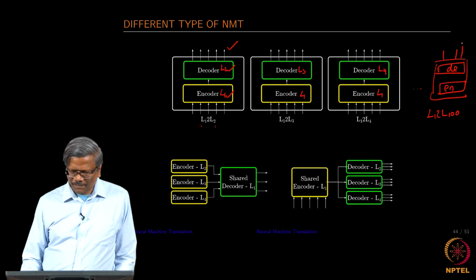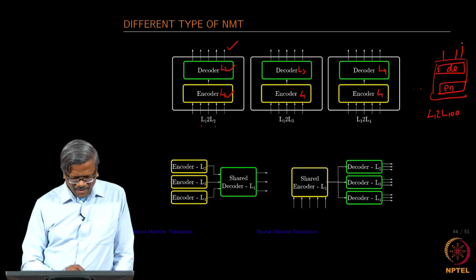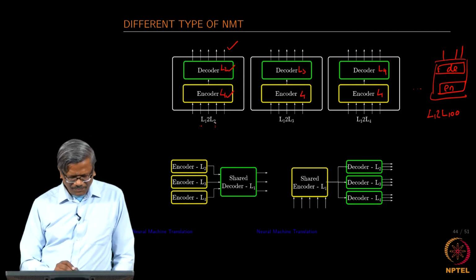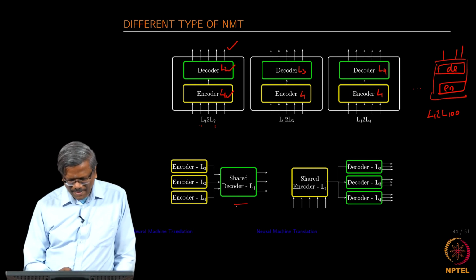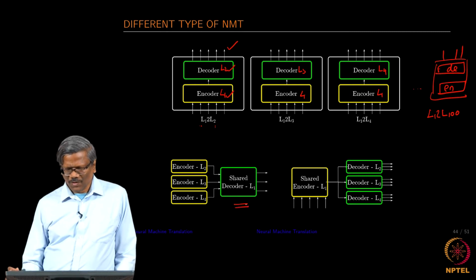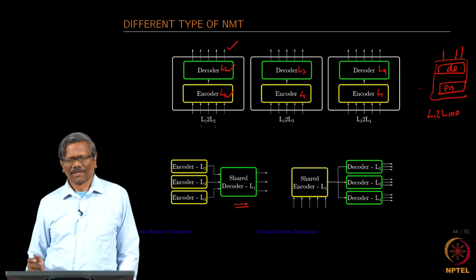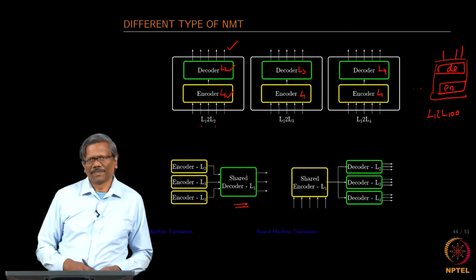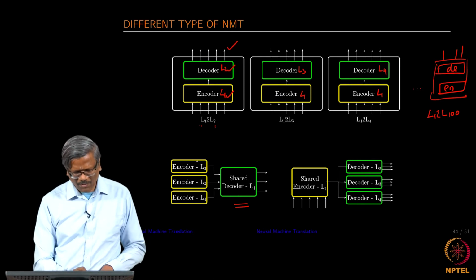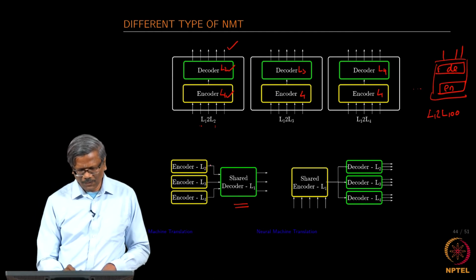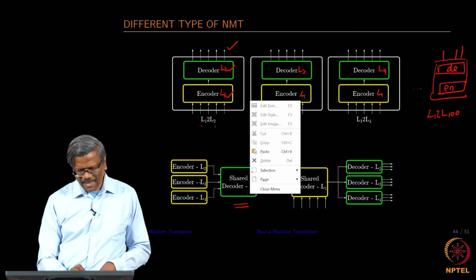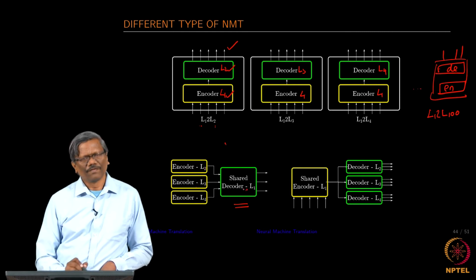So what had happened is, when you have the same target language, you don't need to have a separate training process for all the language pairs, right? So you can just take one decoder, language 2, language 3, which has the same one because the target is the same, right?